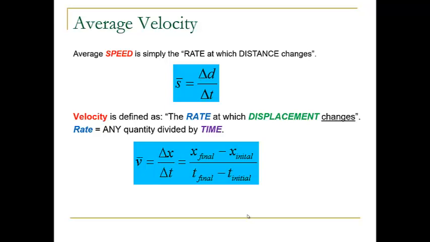Your velocity then is looking at the rate that your displacement changes. Since your displacement can be positive or negative, that means your velocity can also be positive or negative. Your speed and your velocity are not the same thing. Just a regular example, when you're driving your car, you're going 65 miles per hour. That's your speed.